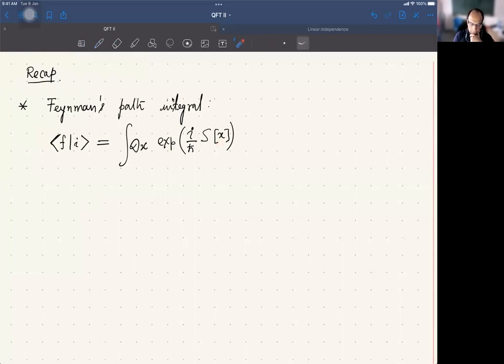And therefore, you have to specify a boundary condition. So I to f, this is equation 1, where I'm using some shorthand notation.